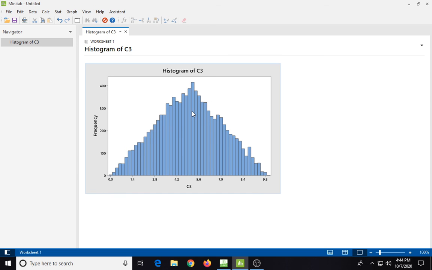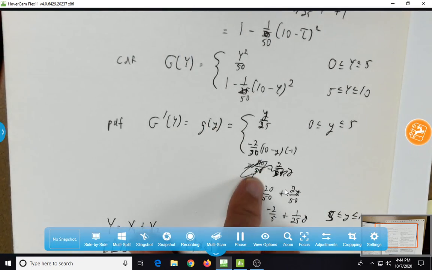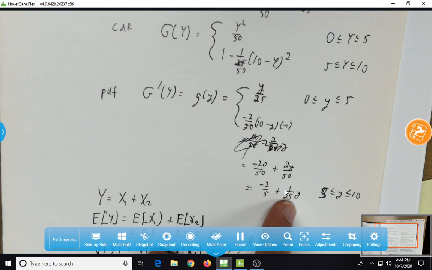We just counted, we didn't make this a percentage, but this should be very close to what we got when we had y over 25 and minus 2/5 plus y over 25. That's the downside of that.